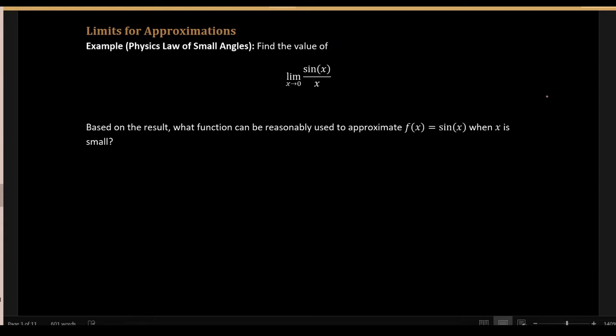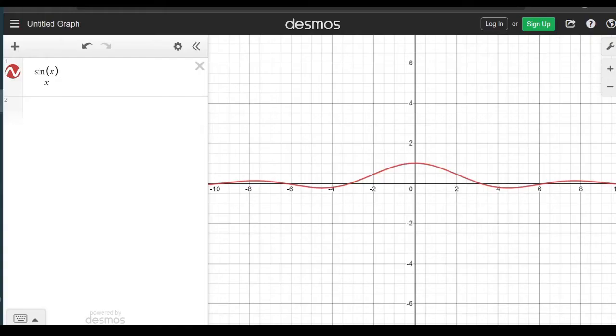But just to briefly recap what we did, if we go to Desmos and graph the function sine of x over x, the graph shows that our y values are approaching 1 as x approaches 0. And this is true either from the left side or if we approach 0 from the right side.